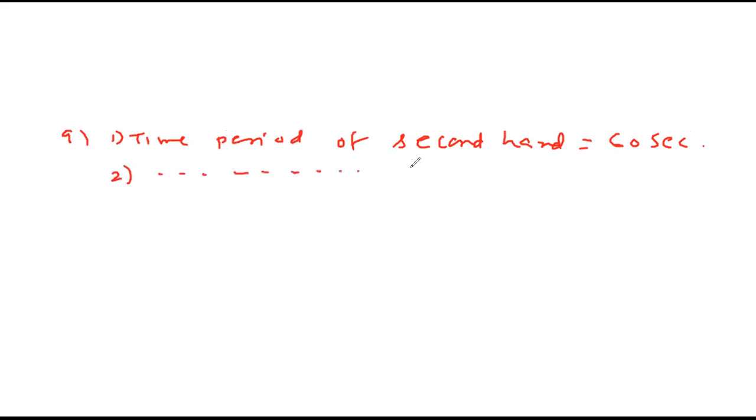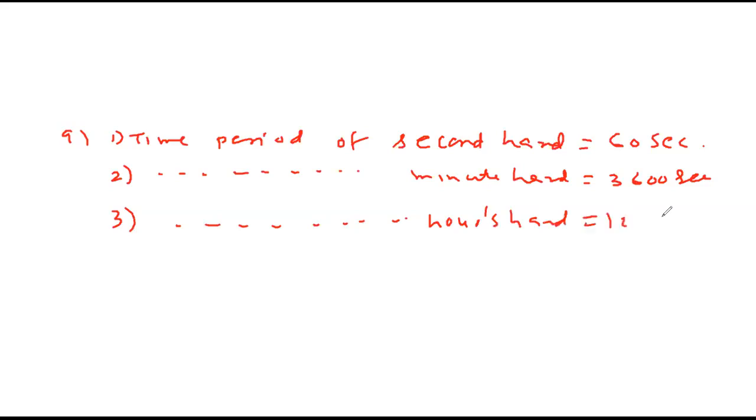So what is the time period of the minute hand? 3600 seconds. What is the time period of the hour hand? 12 hours, that is 12 into 3600 seconds.